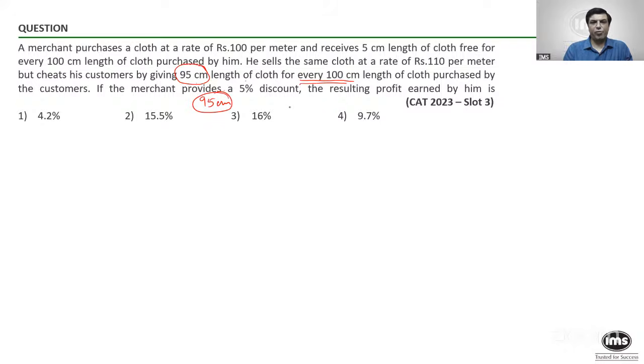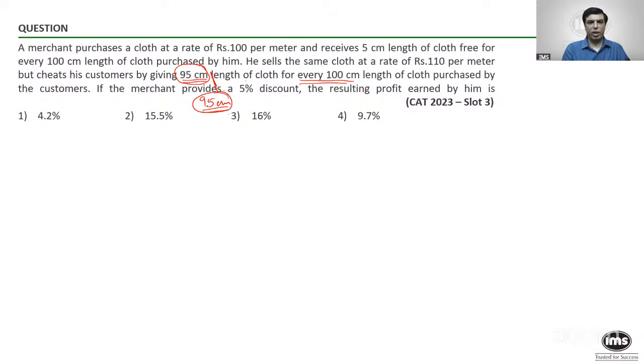So he's actually just charging the customer for 95 centimeter of the cloth. Now see this. He is giving the customer 95 centimeter cloth and he is charging the customer for 95 centimeter cloth, which means these two are going to negate each other. There is no profit, no loss from here.